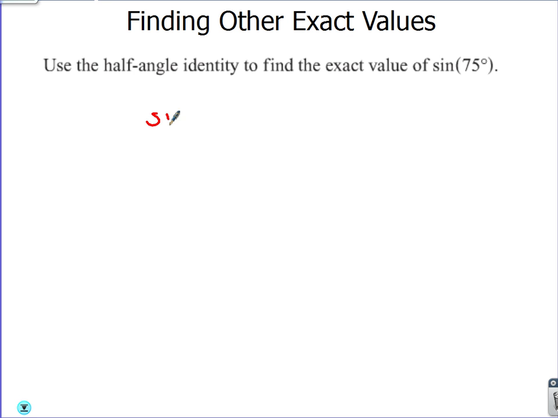I know that the sine of 75 is half of 150. So I could write that as 150 degrees divided by 2. You can write it in this half format, this something divided by 2, and you can actually use your half angle identity now.